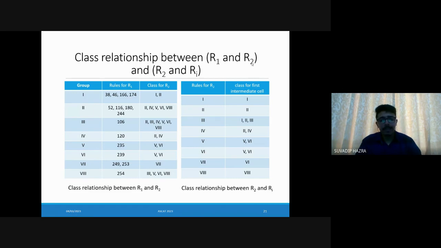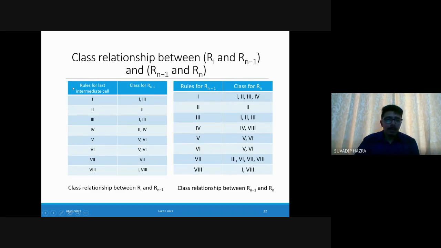Means if I selected one rule from group 1, then for the first intermediate cell, we have to choose the next rule from group 1. The third table is indicating the class relationship between the last intermediate cell and the second last cell, and the last table is indicating the class relationship between the second last cell and the last cell.